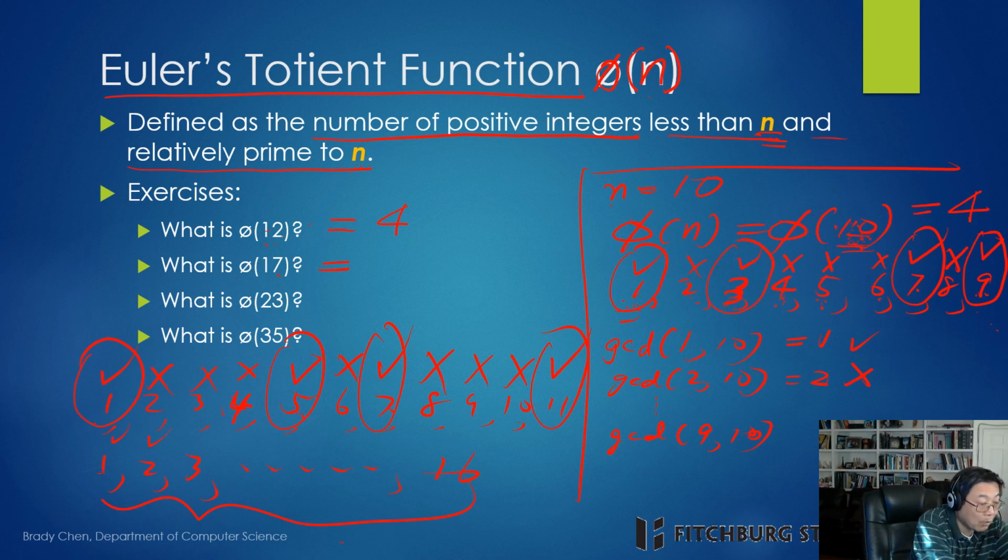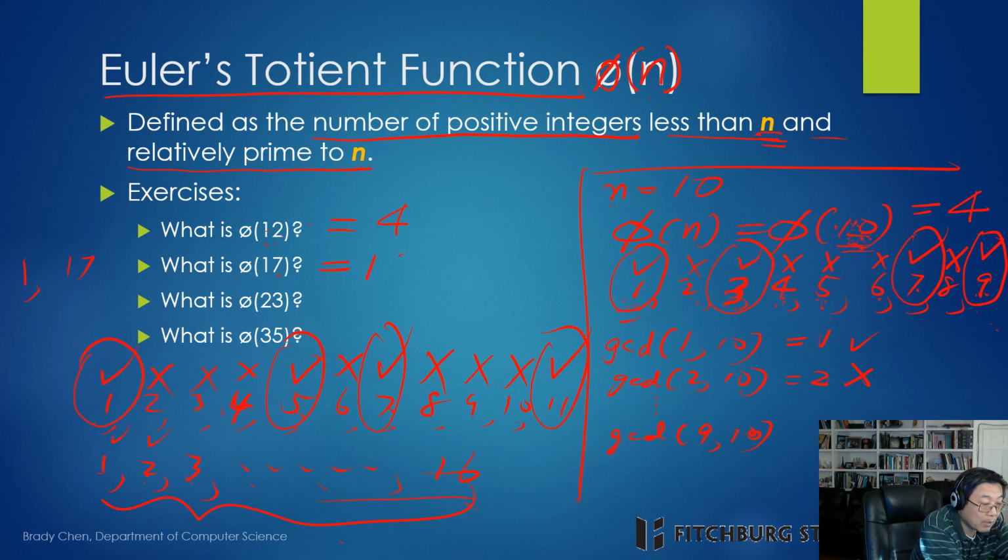Actually, all the numbers between 1 and 16 are relatively prime to 17. Why? Because the only divisors of 17 are 1 and 17, right? So any other numbers are not divisors of 17, so they're all relatively prime to 17.